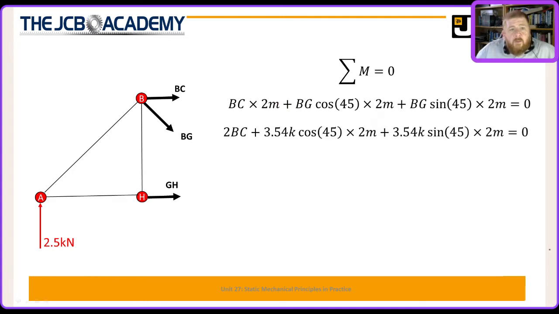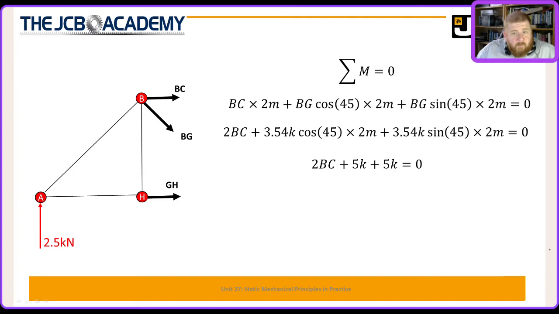If we work that out, we know that BG is 3.54 kilonewtons. We've just worked that out, so we drop that in: 3.54 cos 45, 3.54 sin 45, times 2. That gives us that 2BC is equal to 5 kN plus 5 kN.